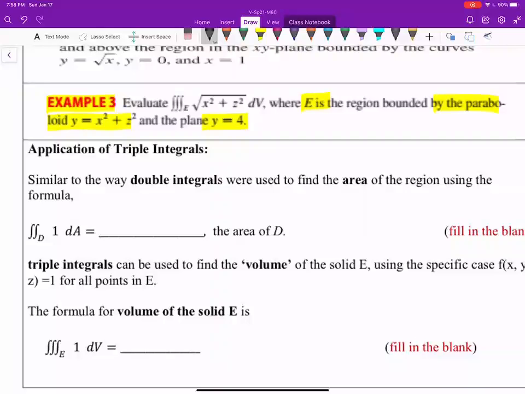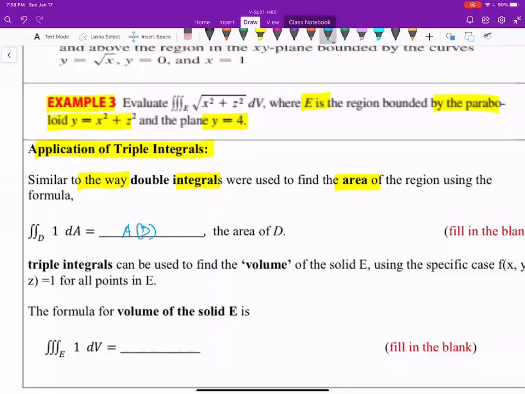Then we will see what the applications of triple integrals are. Similar to the way double integrals were used to find the area of the region, using the formula double integral over D of 1 dA, we used this to find the area of the domain.